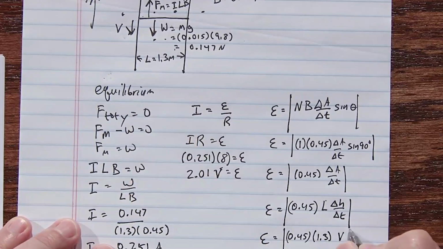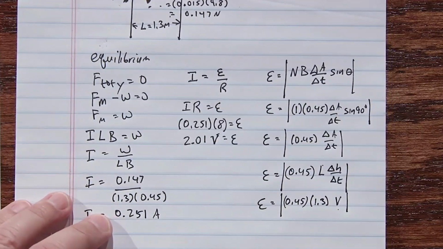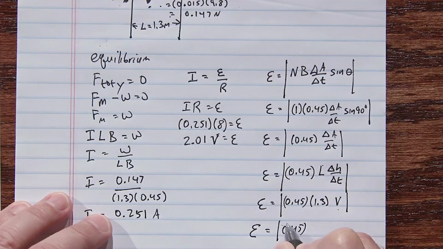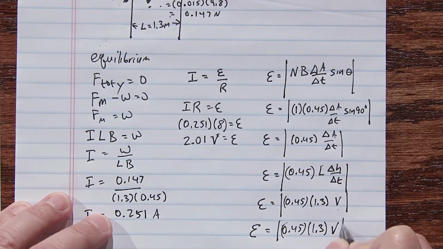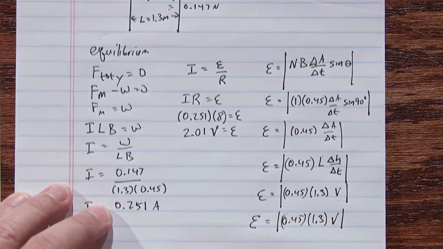So delta H over delta T is just the speed of the bar. And so finally I have the electromotive force is equal to the absolute value of 0.45 times 1.3 times the speed.